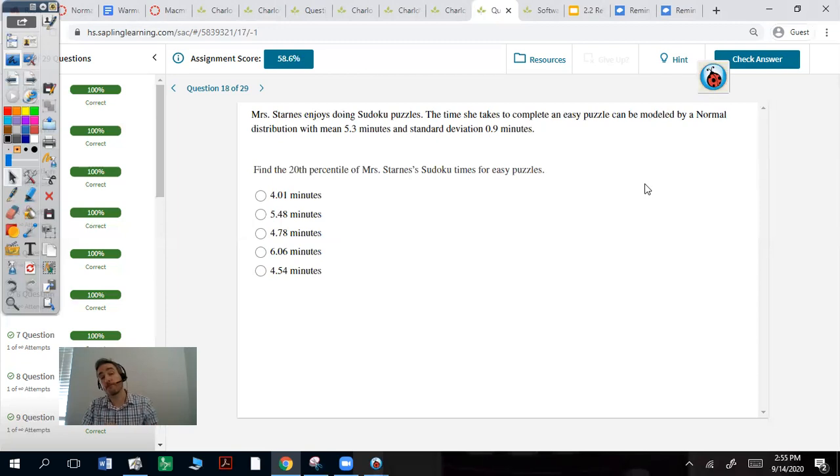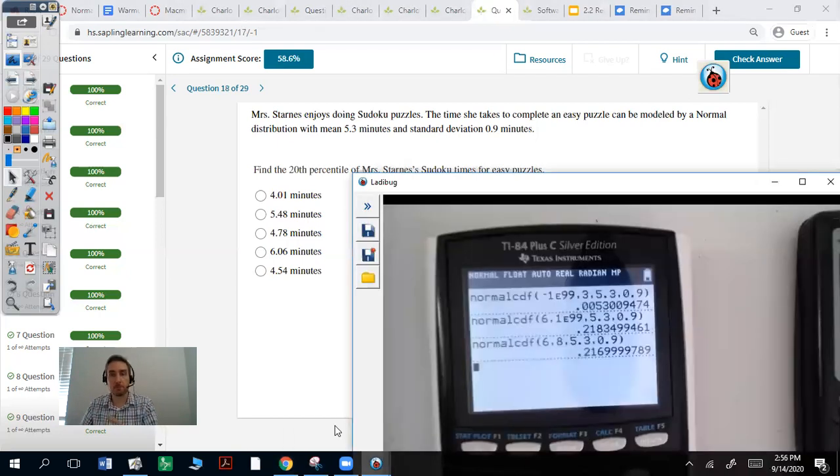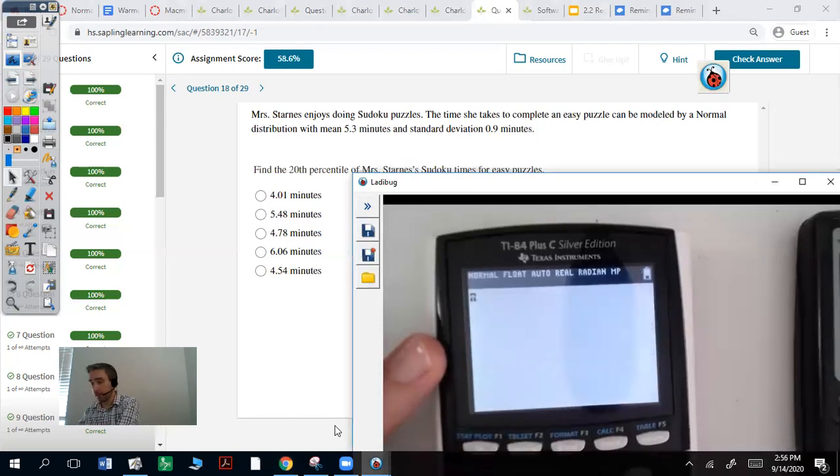All right, so now let's talk about percentiles. 20th percentile is at that number or below. So 20% of the people are at whatever the answer choice is or below. I don't want you to get used to using the answer choices to help you. We're going to do this the right way using inverse norm. So you go to second vars and go down to inverse norm.